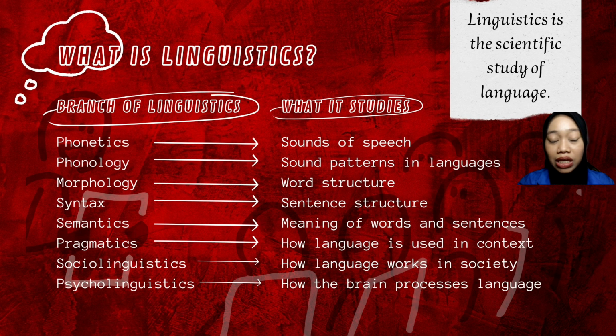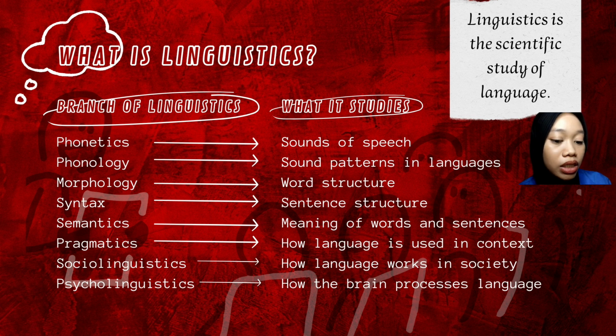Before talking about the ages of development in applied linguistics, what is linguistics? Linguistics is the scientific study of language. There is a branch of linguistics, phonetics. What does it study? It learns about the sounds of speech. Phonology learns about sound patterns in language.